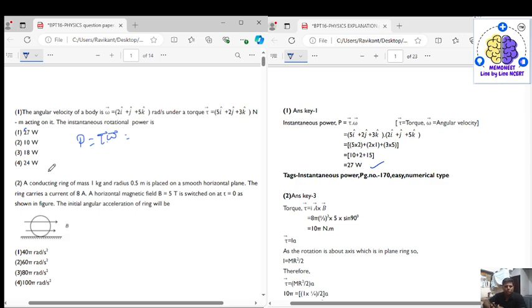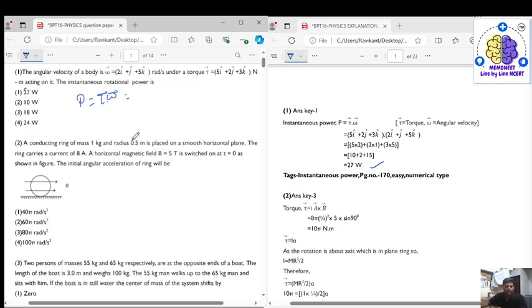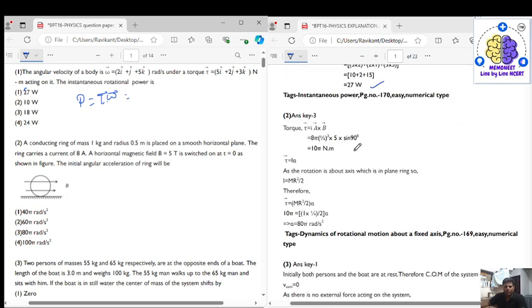Next, coming to question number two. A conducting ring of mass 1 kilogram and radius 0.5 meter is placed on a smooth horizontal plate. The ring carries a current of 8 ampere, and a horizontal magnetic field B is equal to 5 Tesla is switched on at t is equal to 0, as shown in the figure. The initial angular acceleration of the ring will be? First you calculate the torque on the ring.